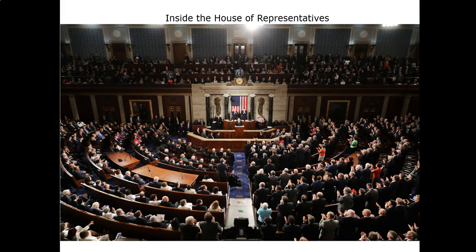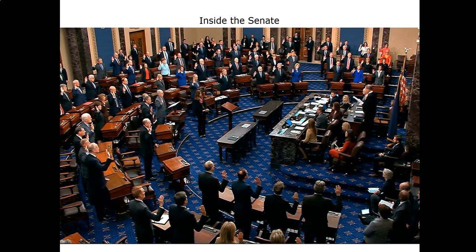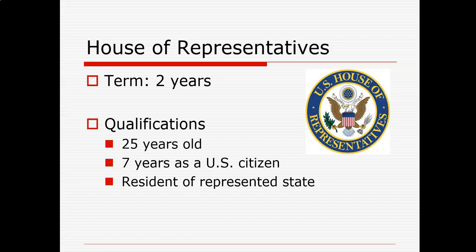This is the interior part of the House of Representatives. As you can see, it has a whole bunch of space to basically sit many people in there. And this is the Senate, which is a smaller chamber, which houses about, or in this case, 100 senators.